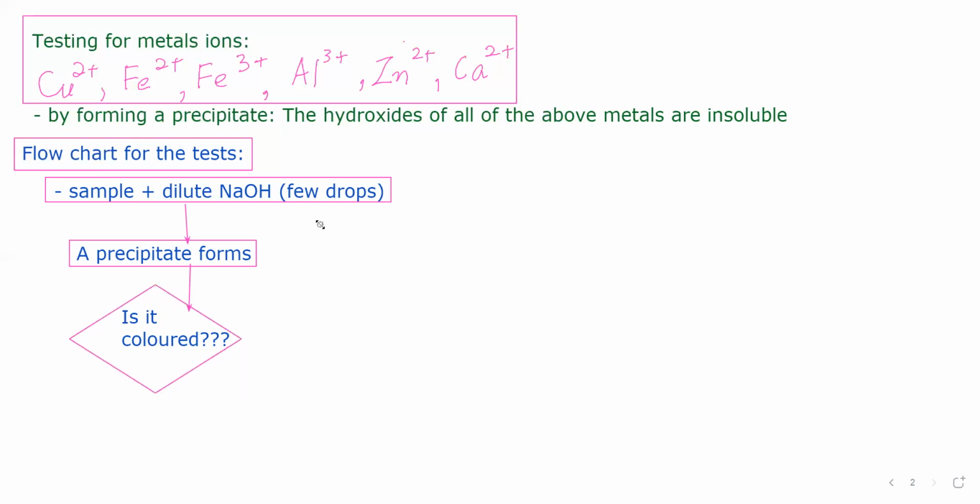Is it colored? Now, you can say yes or no, so I will have two options. Here I will say yes, and here I will say no. When I say no, it means it's white.